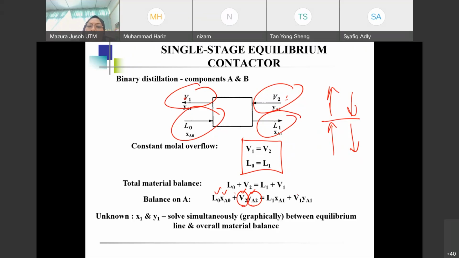For L1 and V1, from those assumptions, you can use the same value because we are assuming constant molar overflow. The only things that you have to calculate are XA1 and YA1. So you have to solve this simultaneously using a graphical method. So I want you to take out your graph paper now.